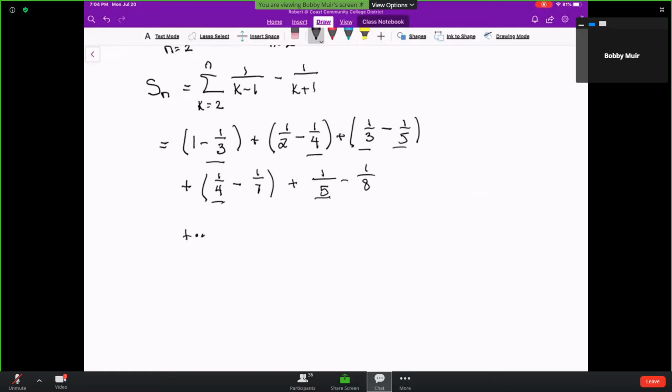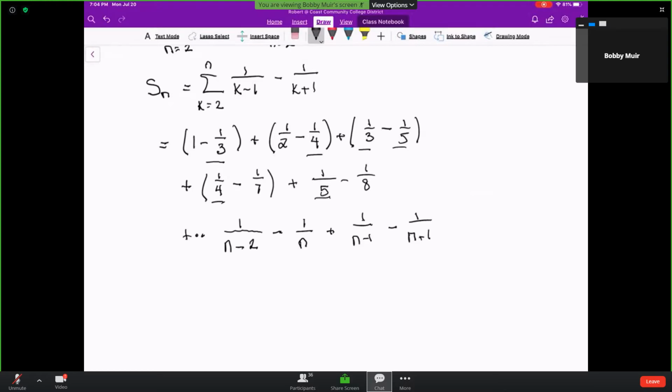Then it's going to end up being 1 over, let's say I'm at n minus 1, n minus 2, minus 1 over, when k is n minus 1, that guy. And then when it's n, it's going to be 1 over n minus 1 minus 1 over n plus 1.